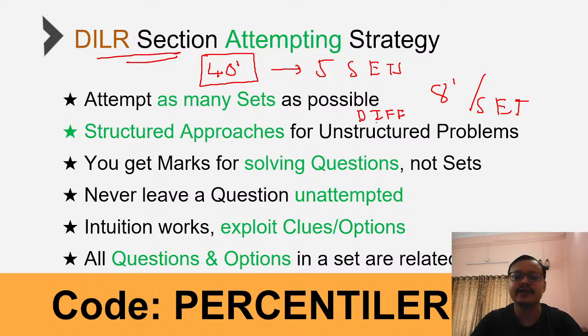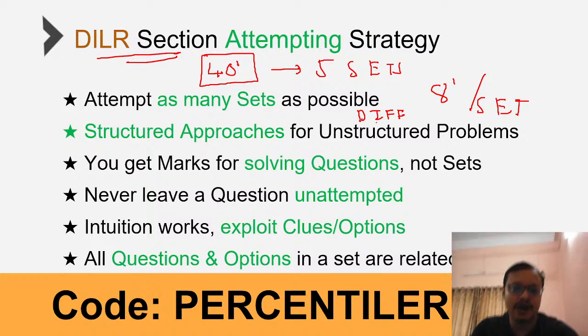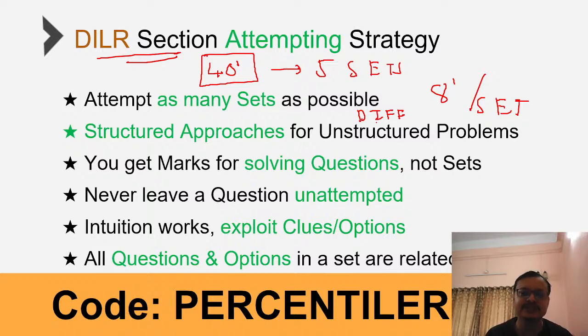So this is where it's important that you find out an effective workaround as to how you can solve, using a structured approach, these difficult sets within 8 minutes. So in today's session and the upcoming free sessions as well as in the upcoming plus course, what we'll be doing is we're looking at some such methods by which we can solve these sets in less than 8 minutes. Now, the first challenge is the set is not easy.